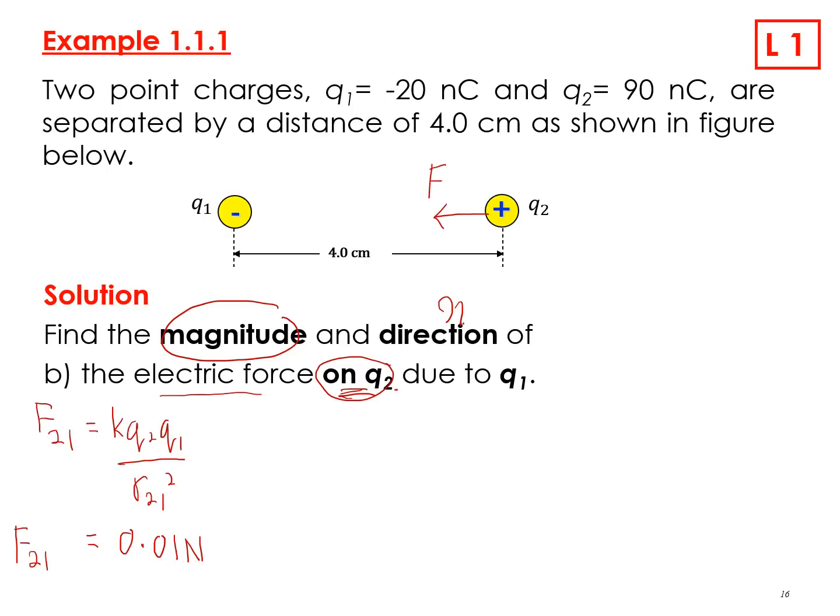That's the direction of electric force on Q2 due to Q1. So, the magnitude is 0.01 Newton. You can write the direction towards Q1, or you can mention 0.01 Newton to the left.